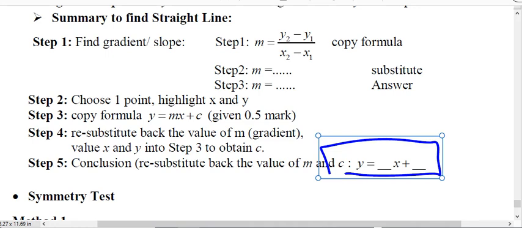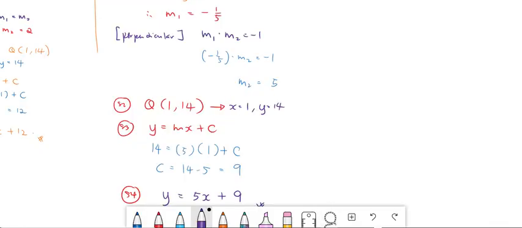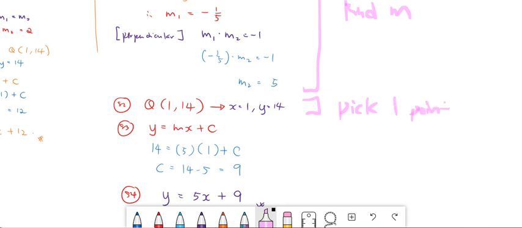So overall, you have 4 steps here. You can see or not? Step 1, find your m. Step 2, pick one point, because here you want to have the value of x and y.